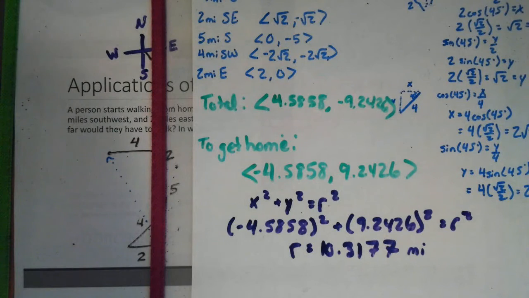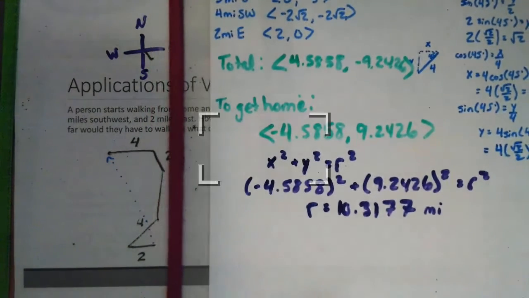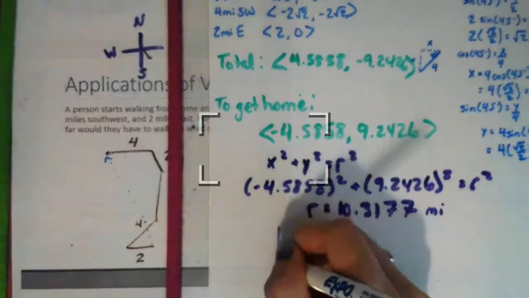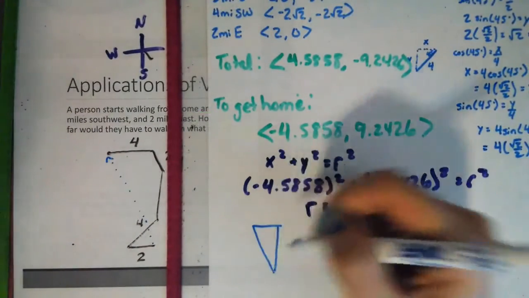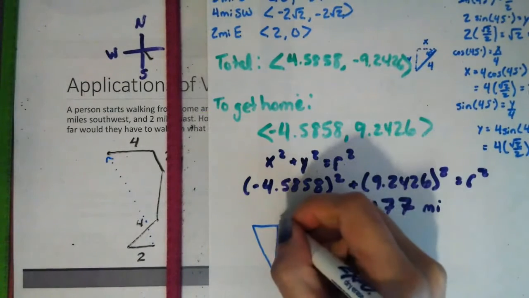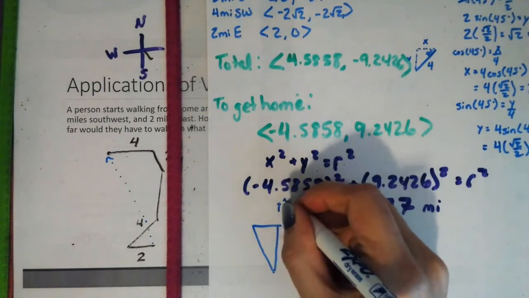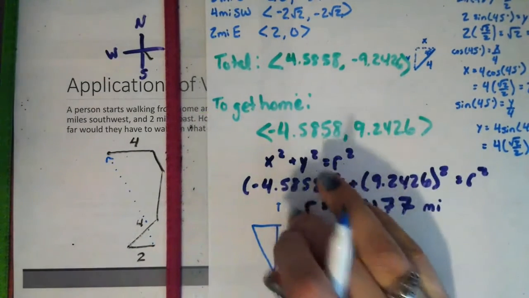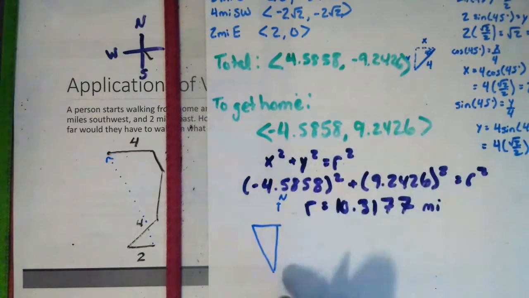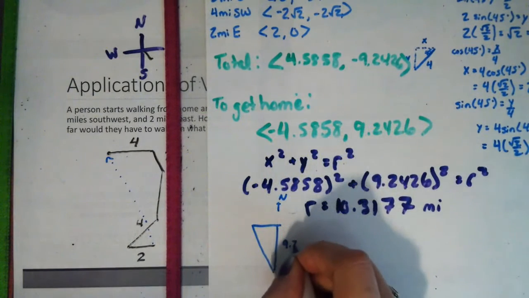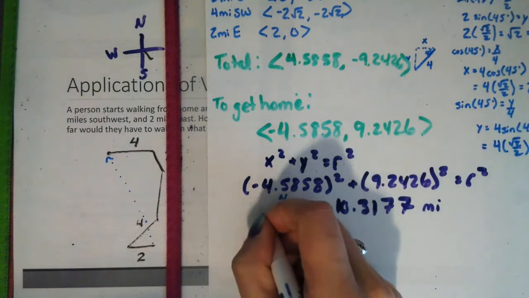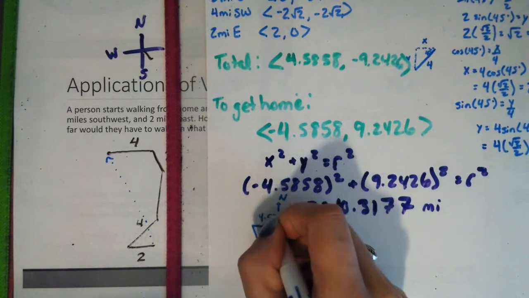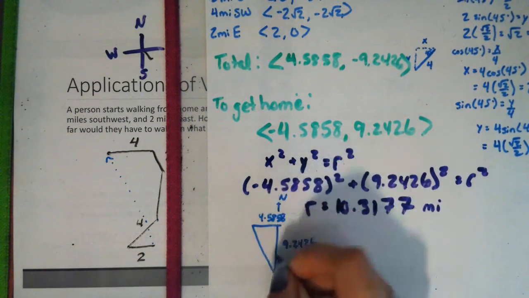Well, now we need to know what direction we have to go to get there. We know we have this kind of sort of triangle going on. If this direction is north, we know we have to go 9.2426 miles this way and 4.5858 miles that way.